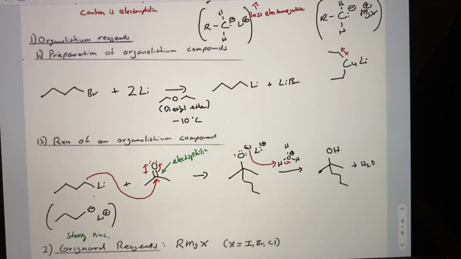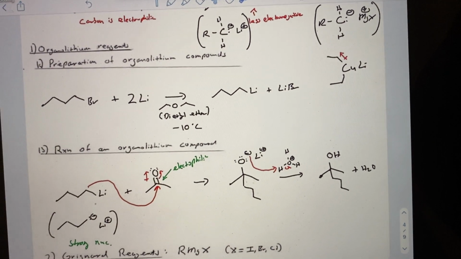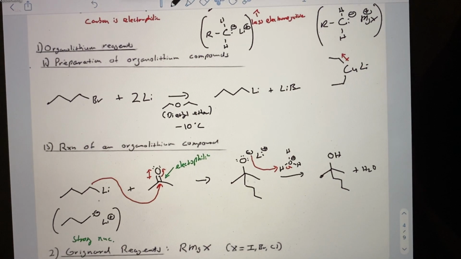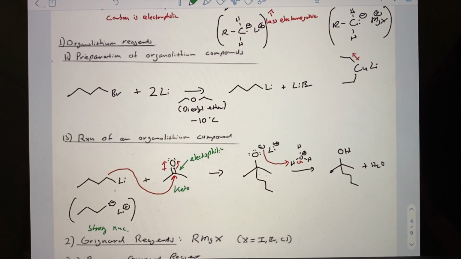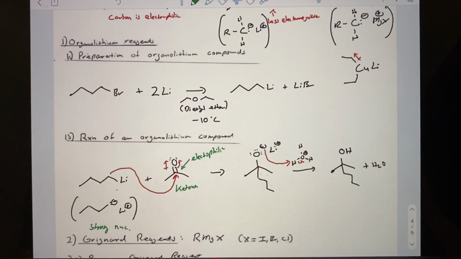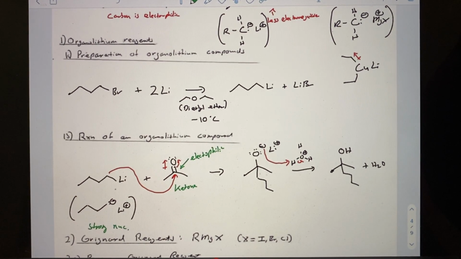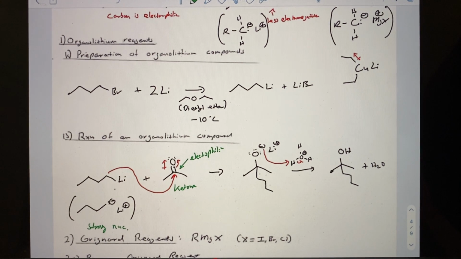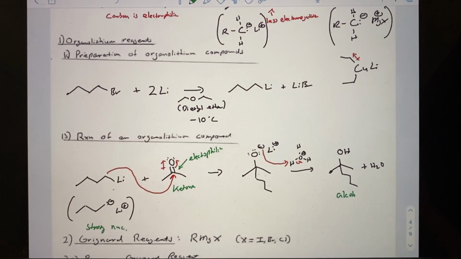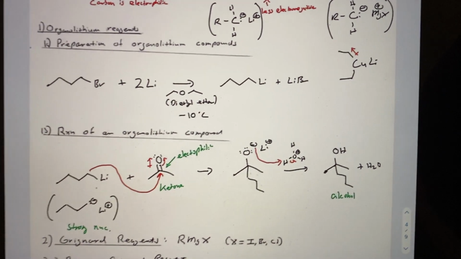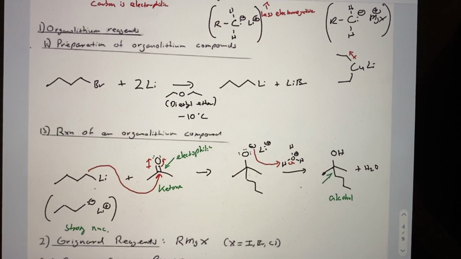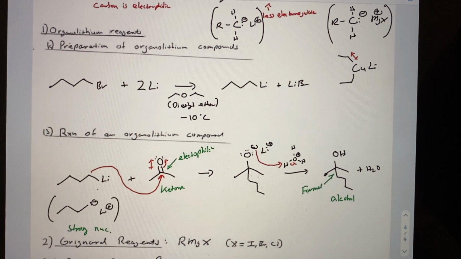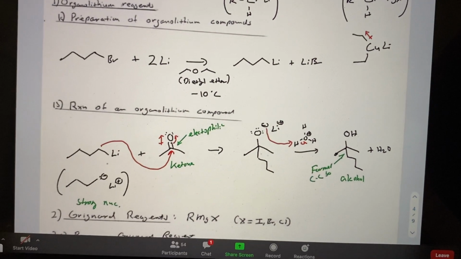So what we're seeing here overall is we're taking a ketone. Let's put the names in here as well. In this case, we started with a ketone, reacted it with our organolithium reagent, and in the end, we generated an alcohol. And on top of that, we formed a carbon-carbon bond.